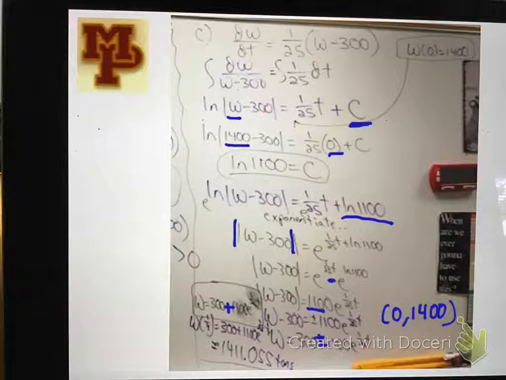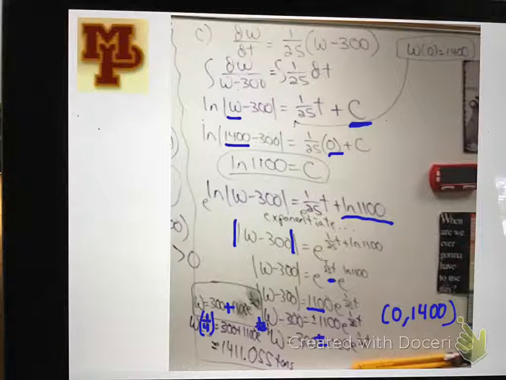And now, once we have a really good function, we can go ahead and use it to predict how much waste we're going to have at the 3-month mark. And so we plug in 1/4, and it's super hard to see, but it's going to be e to the 1 over 25 times 1/4.